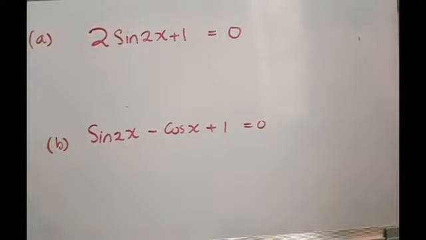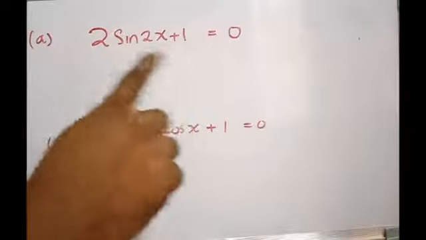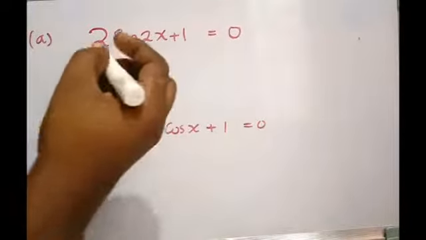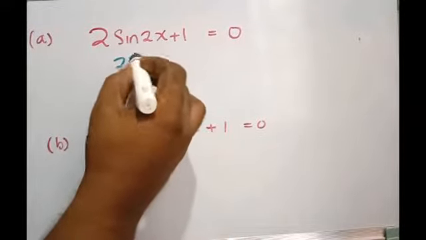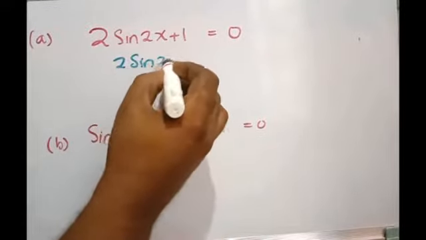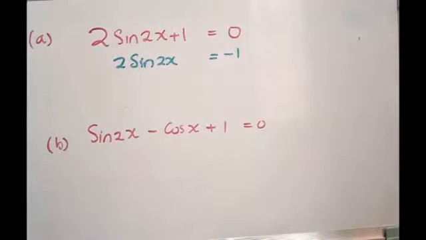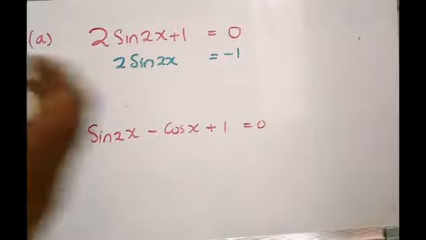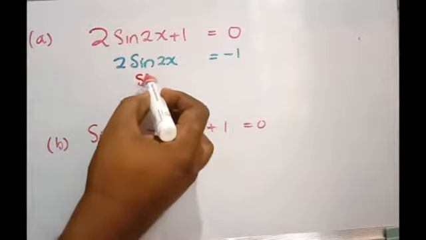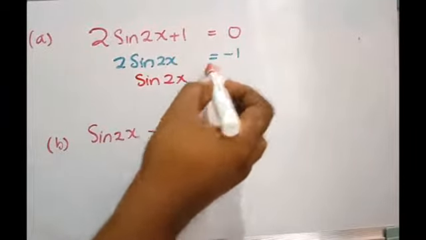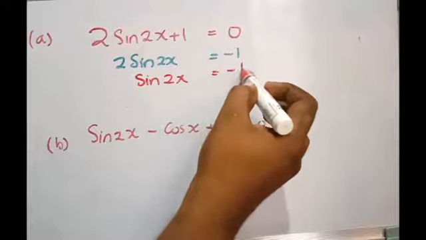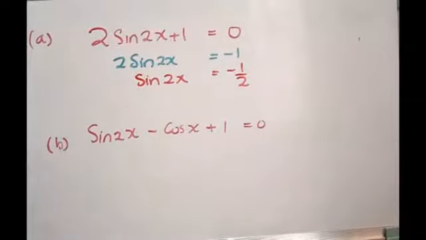Let's see the first question. 2 sine 2x plus 1 is equal to 0. Let's make a small arrangement in this question. We get 2 sine 2x is equal to minus 1, or sine 2x is equal to minus 1 over 2.